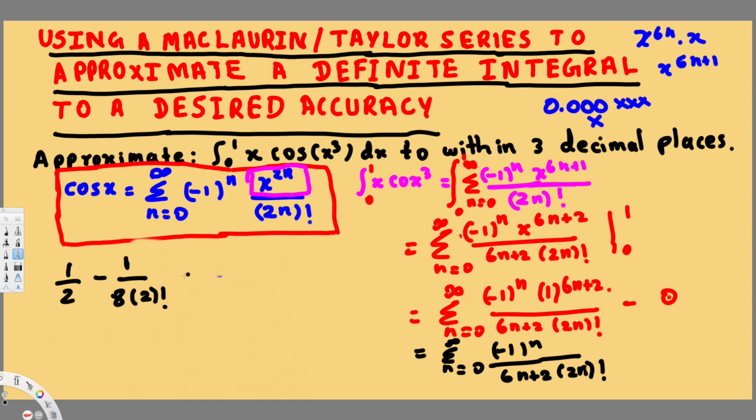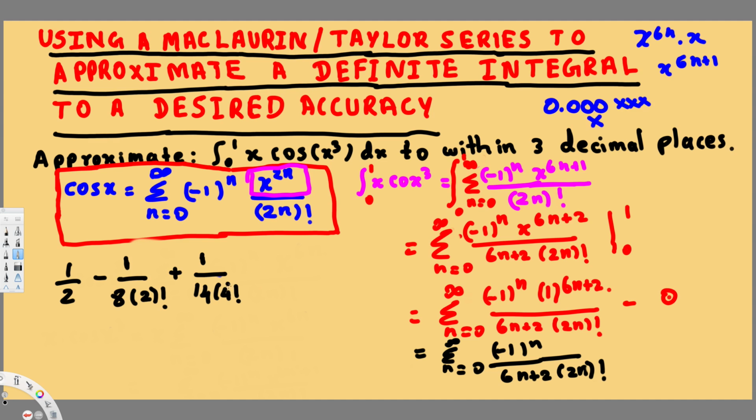Now the third term is going to be, if you square this one, that's going to be positive. And then 6 times 2 is 12, 12 plus 2, 14, 14 times 4 factorial.